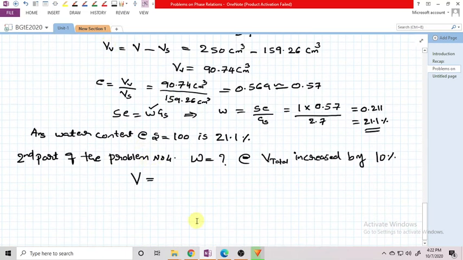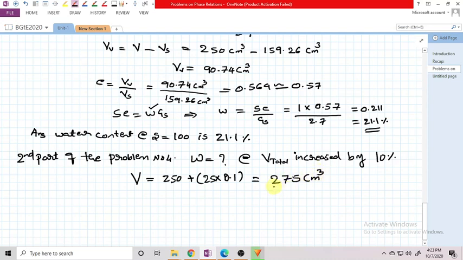Now it is increased by 10%, that means 250 plus 250 into 0.1. 10% means 0.1. So you will get 275 cm cube.